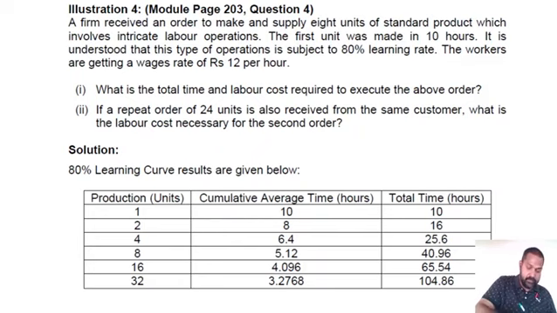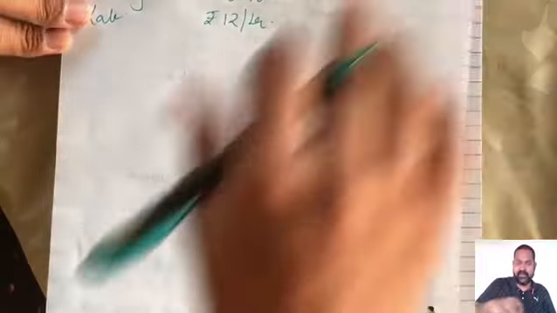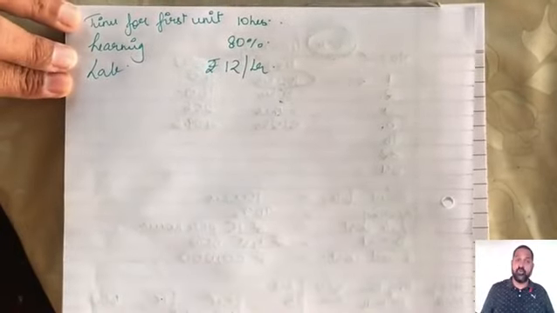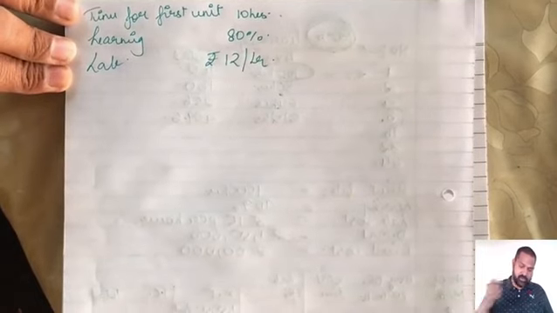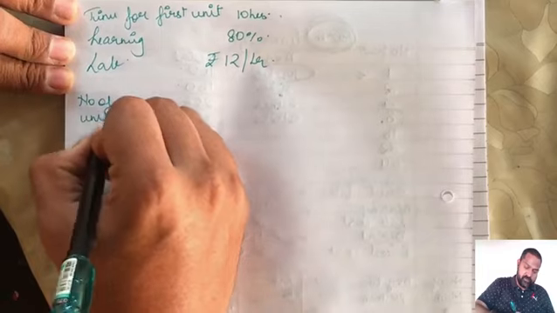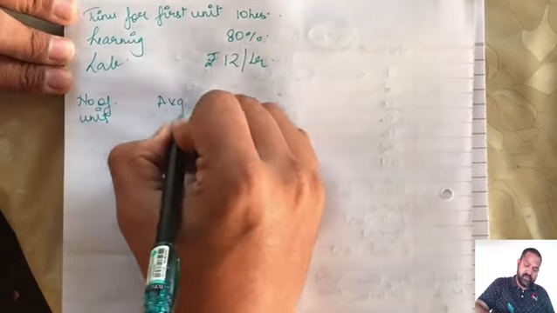Labor is rupees 12 per hour. So let's start. Here there's only labor, there is nothing else. You want me to find the cost to make 8 units. Okay, so I'm going to say number of units and average time.